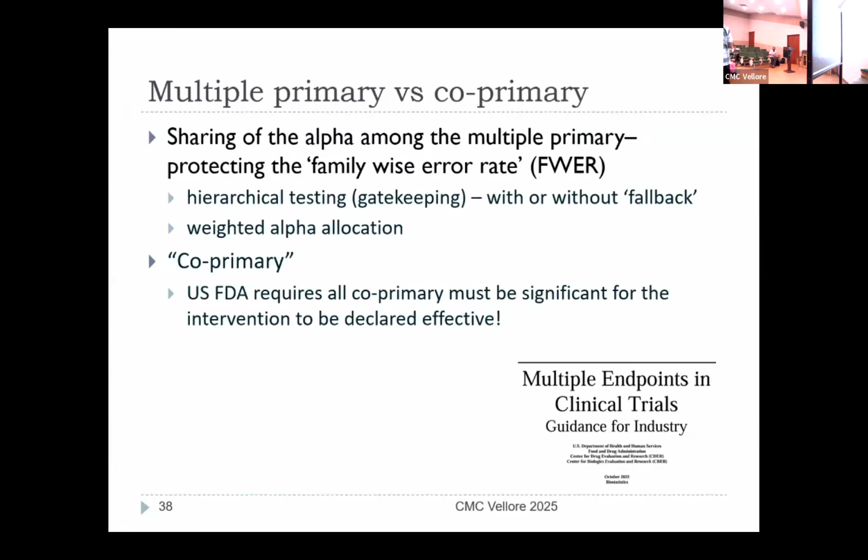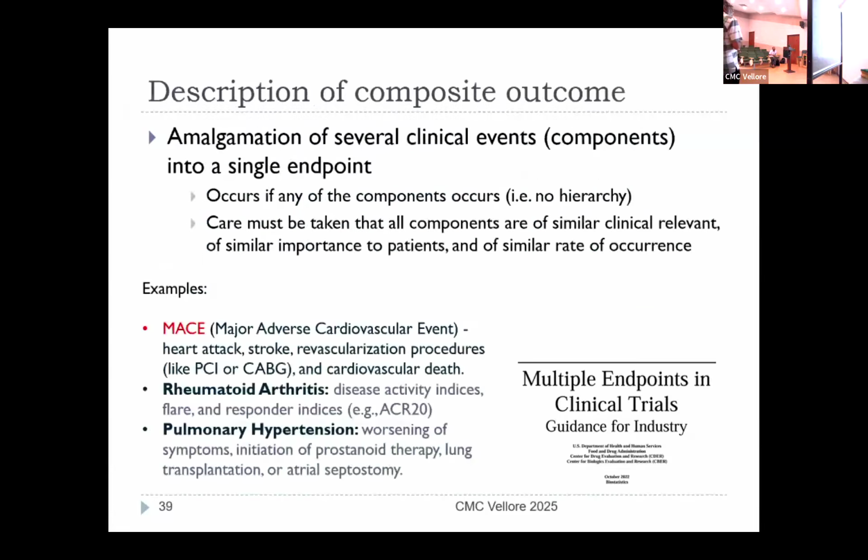All right. So composite outcomes are very commonly done. It's basically an amalgamation or lumping together, putting together several clinical events or components. They can be metrics that I used or dichotomized, and we do it into a single outcome.